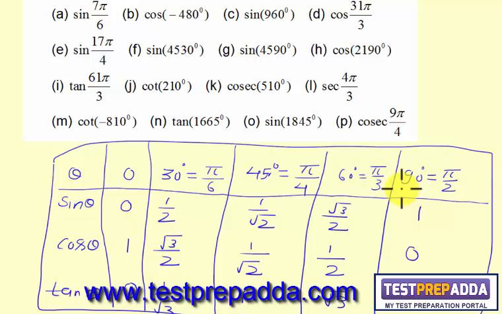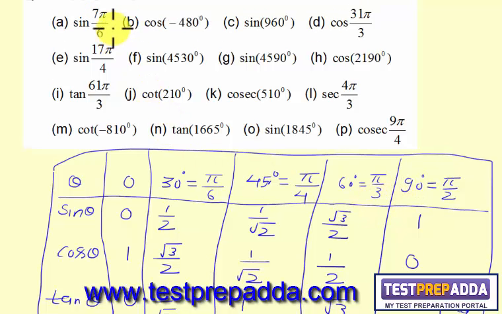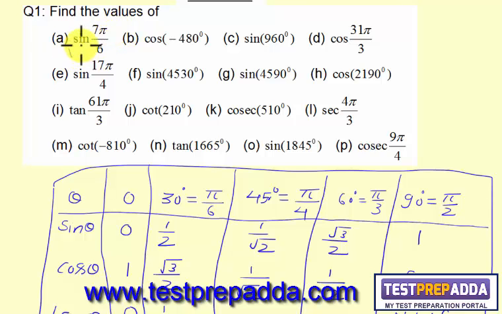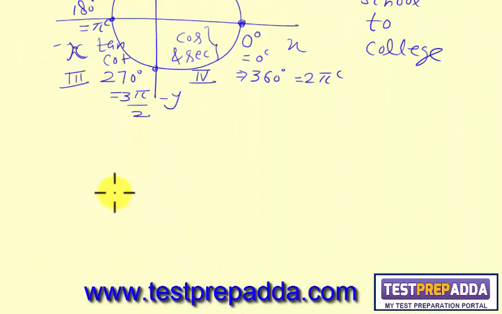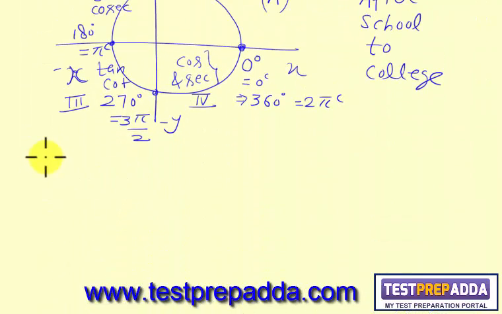Okay, how? For example, I'll take question number A, this one. Sine 7 pi by 6. I have to find the value of sine 7 pi by 6.